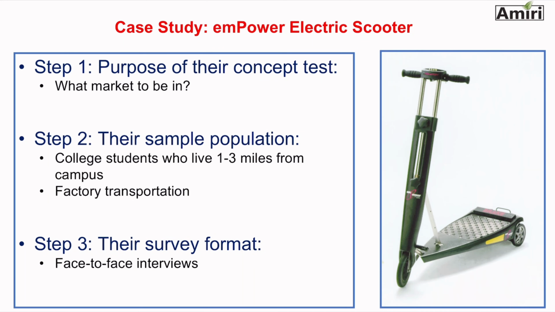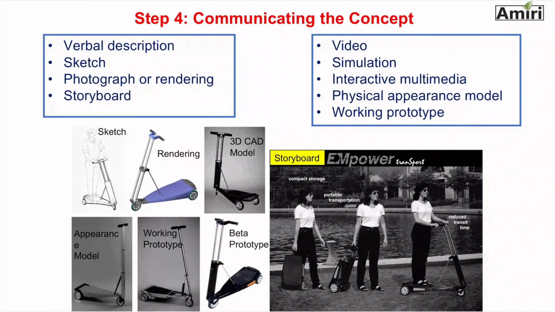The sample population that they picked was college students living near college campuses, but also some factory workers, for transportation inside the factory. The format of the survey that they picked was face-to-face interviews for this purpose. If you remember, step 4 was to communicate the concept to their population.